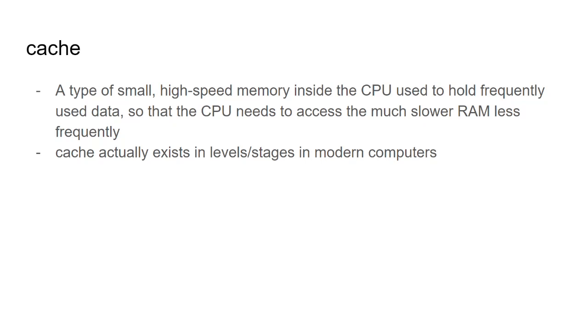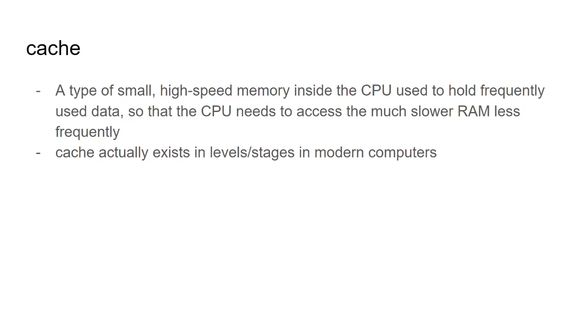Its main use is to hold frequently used data, so the CPU does not need to access the much slower RAM as often, because RAM is large, and you have to go through a large amount of data. So cache is basically the frequently used data, which you keep before the RAM.